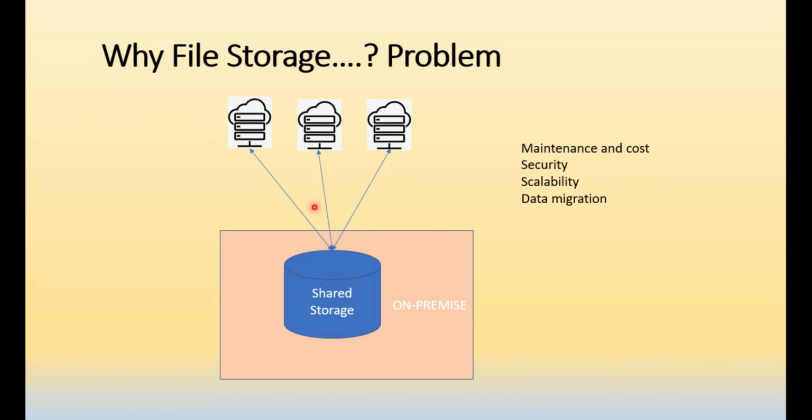Here, there might be a scenario. Take for example, there is a shared location, shared storage. This might be any Windows server, Linux server, or Mac kind of server, or just a shared location. What is the purpose of sharing a location?